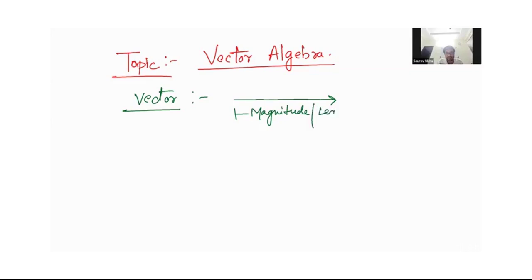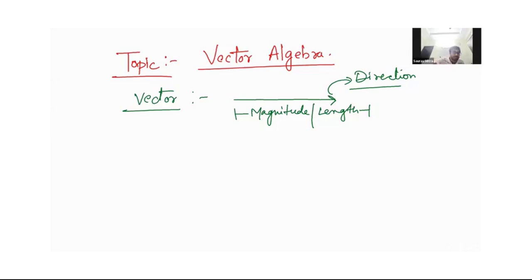This is the symbol by which we denote the vector, and the arrow represents the direction. So the term which has both magnitude and direction is called a vector.